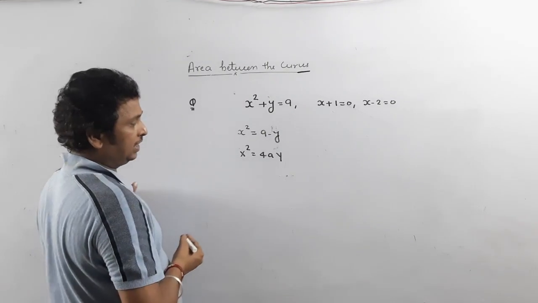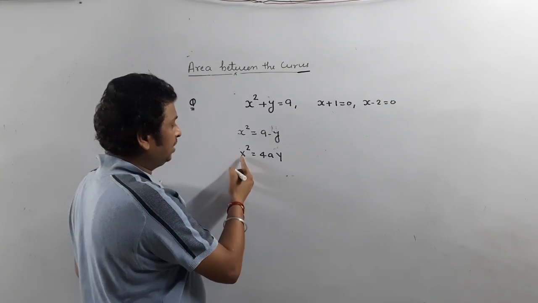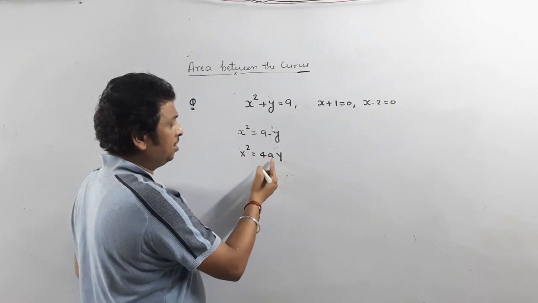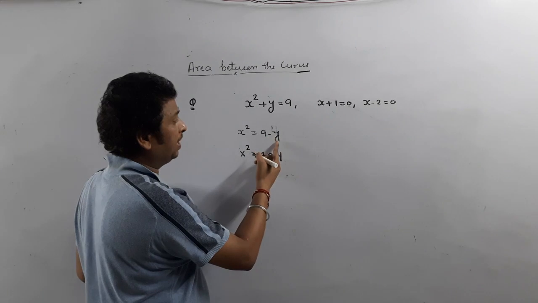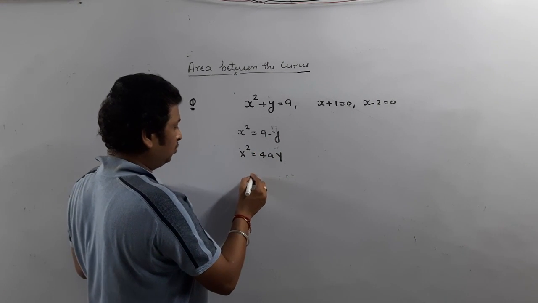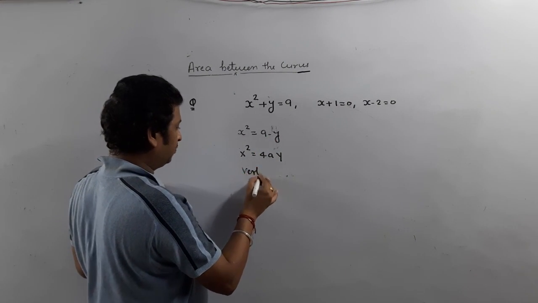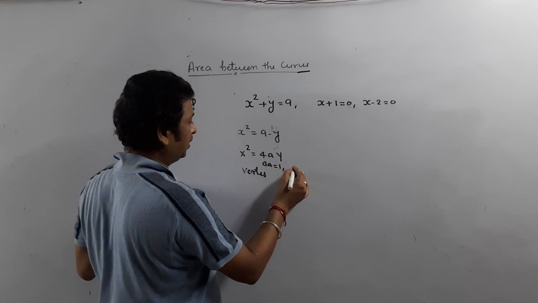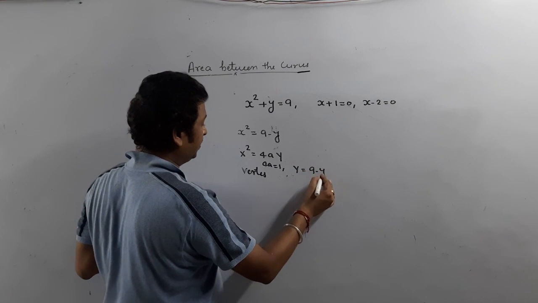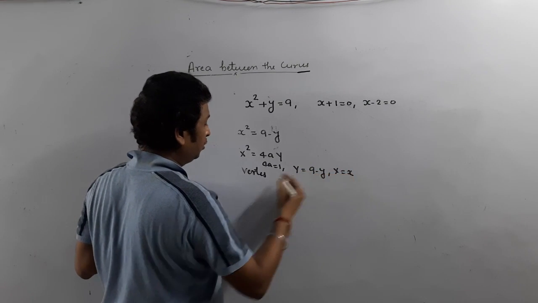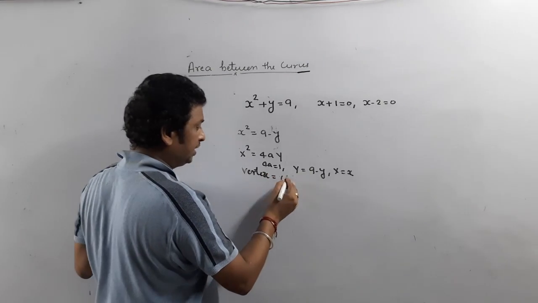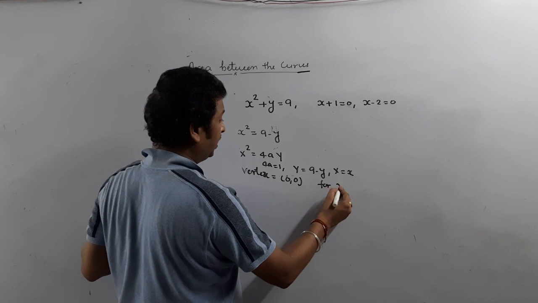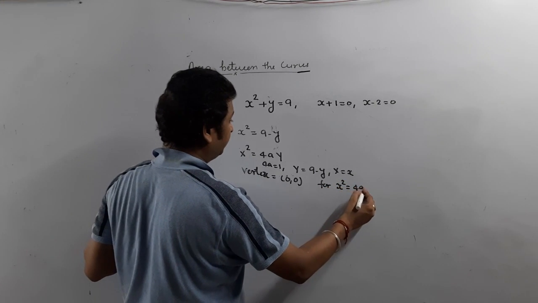So first we draw a rough sketch. What is the x value? Capital X means small x only, there is no change. But for y, what is the value? 9 minus y. So for the vertex of this curve, here 4a is equal to 1, capital Y is 9 minus y, and capital X is equal to x only. The vertex we all know is 0, 0 for x square is equal to 4ay.